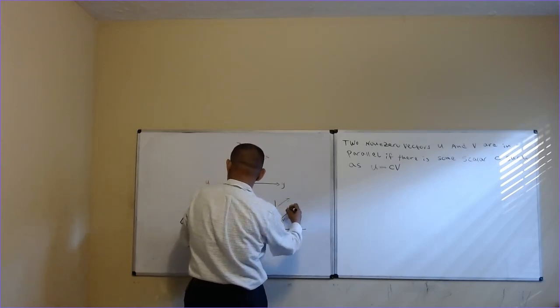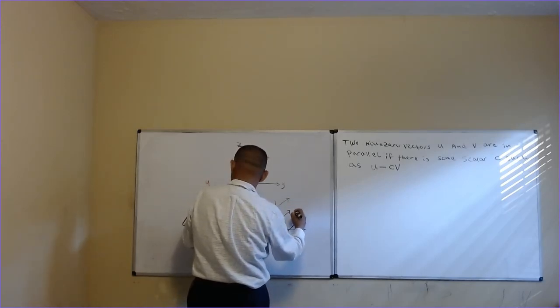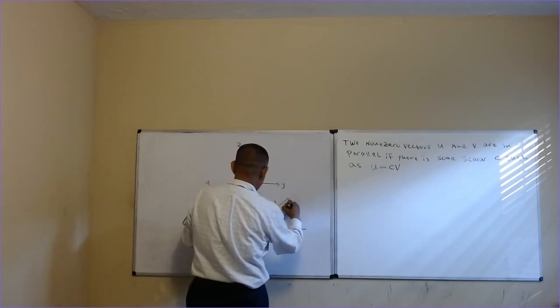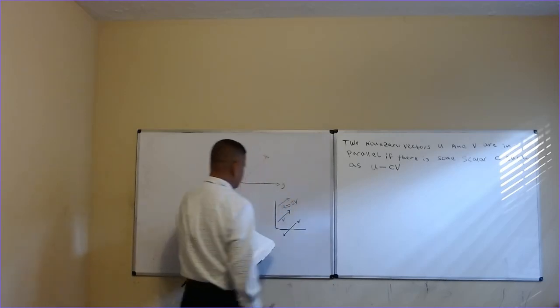And vector U is nothing but equal to 2 times vector V, right?